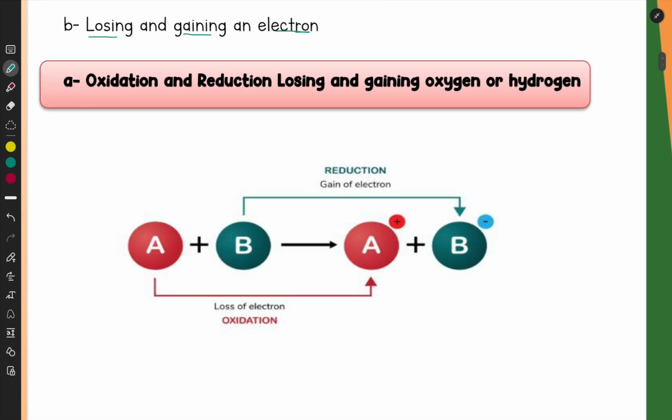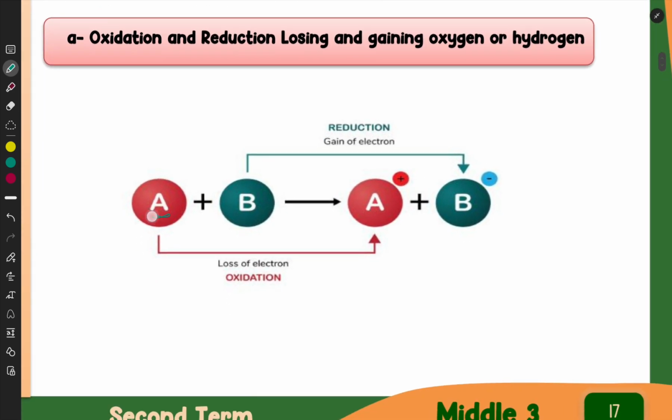First one: if we have two elements, A and B, and these two elements begin to lose electrons, some of them will lose one electron and some of them will gain one electron, like Na. You know Na?